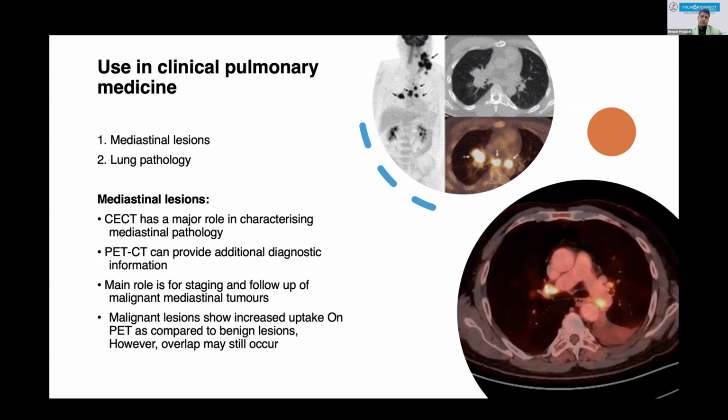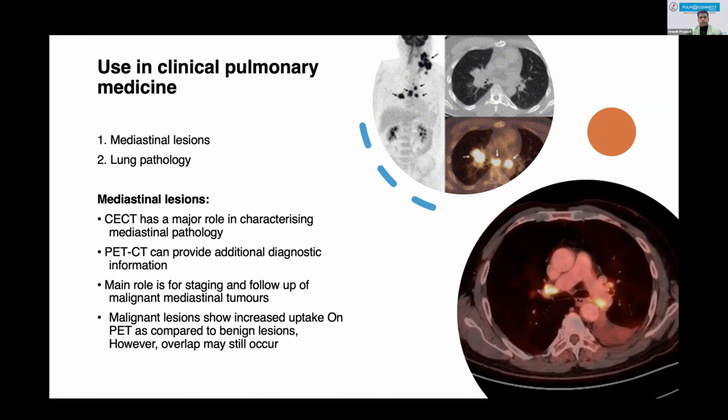Apart from that, nowadays there are a lot of papers published about the PET-CT in the diagnosis and follow-up of patients with sarcoidosis where extrathoracic involvement is there. And also there are a lot of studies going on in tuberculosis, where prolonged treatment is guided with the help of PET-CT.